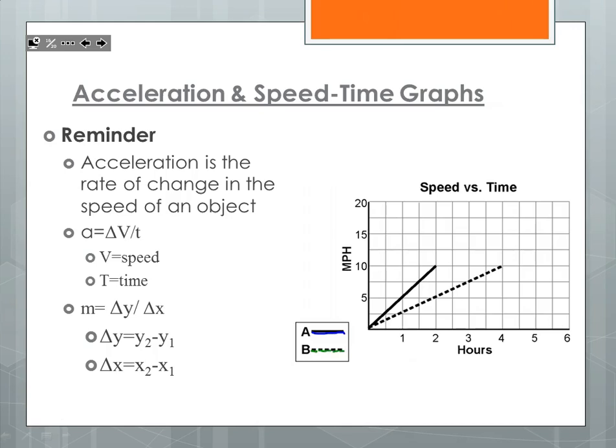So we see that there are two objects that are, let's say, running the same path together. And object A, if we remember from yesterday, we could take the slope of that line and it will tell us what the acceleration is.